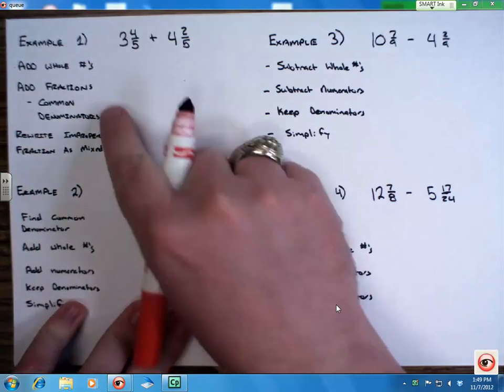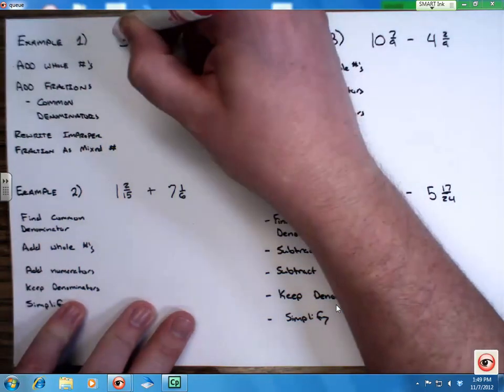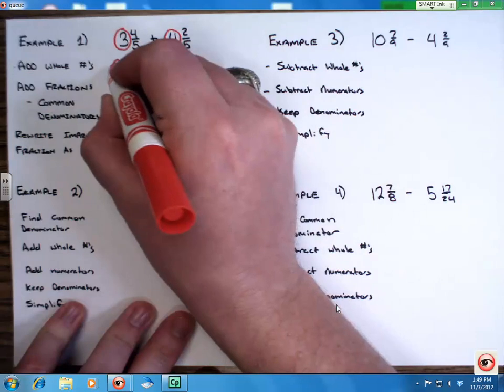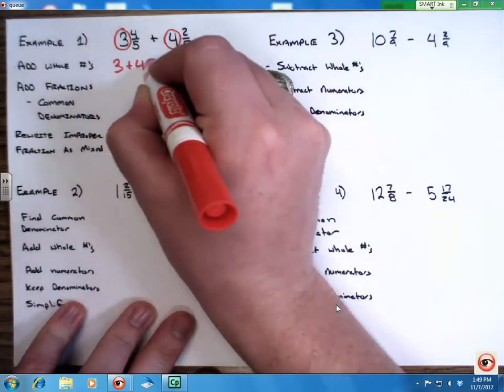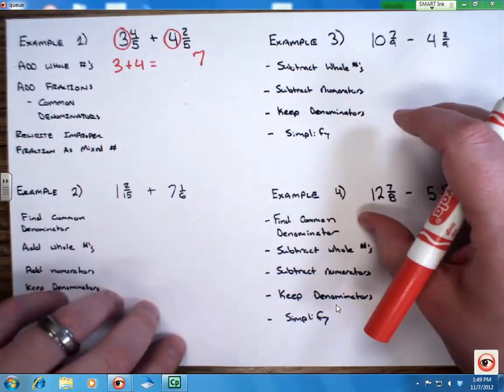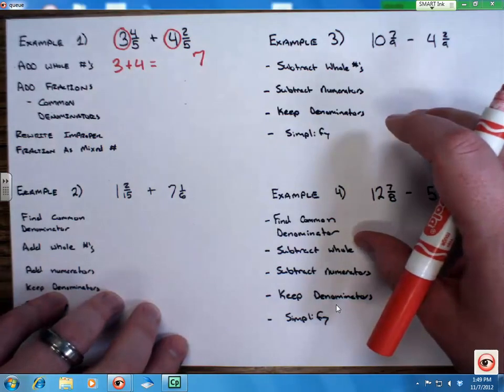The first one here, example 1, says 3 4/5 plus 4 2/5. First thing I want to do is add the whole numbers. So we're going to have 3 plus 4, which does give us 7. Now remember, if you see anything up here on this screen, you need to have them copied down in your notes.